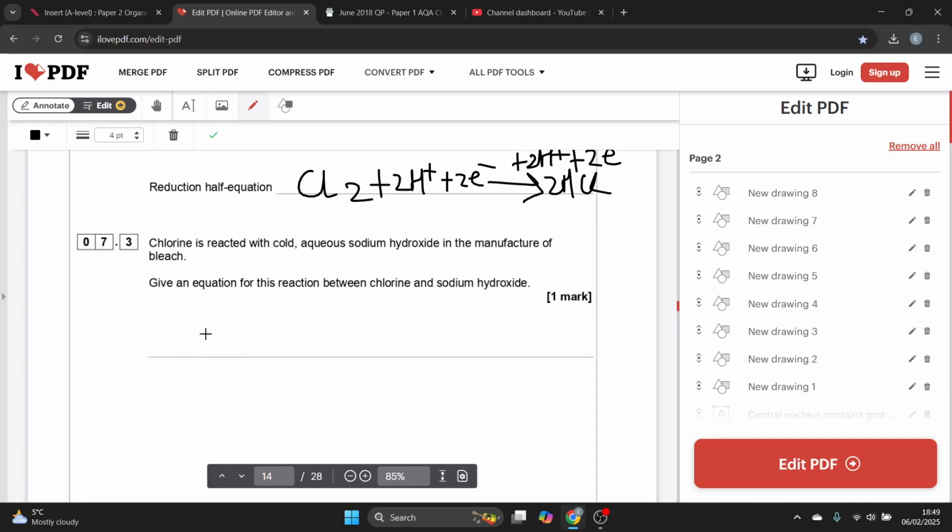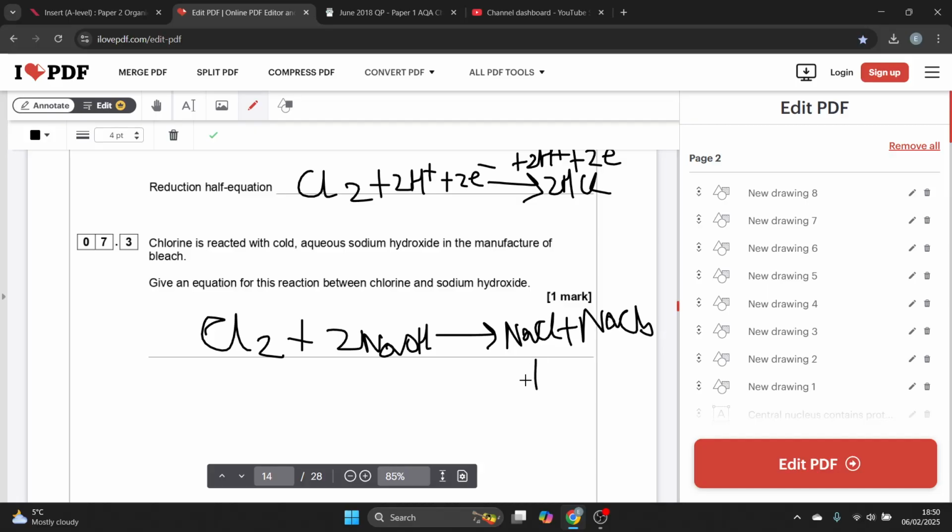Going to the equation for the reaction of chlorine and sodium hydroxide: Cl2 plus 2NaOH gives NaCl plus NaClO plus H2O.